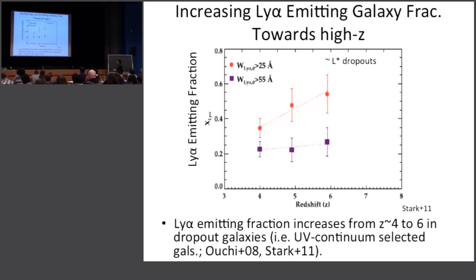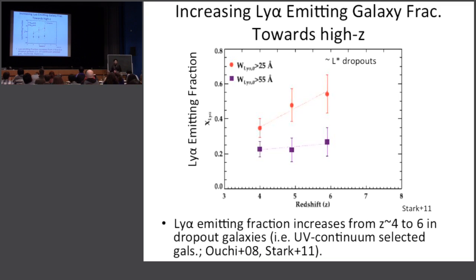So this shows the Lyman-alpha emitting galaxy fraction given by the Keck spectroscopy targeting the UV continuum selected dropout galaxies. You have the dropout galaxy sample from the broadband selection, and then you carry out the spectroscopy, with the same luminosity limit and the same equivalent width limit.